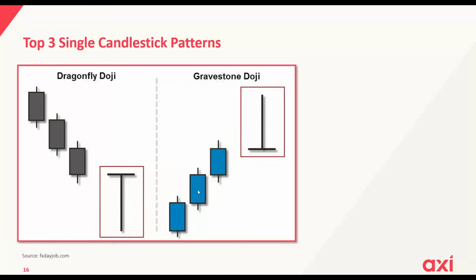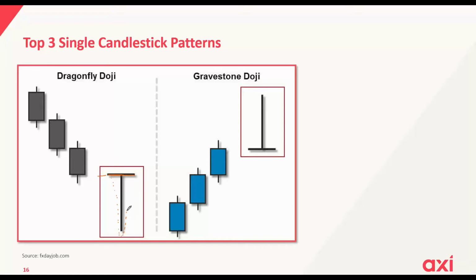And the last one is the Dragonfly Doji and the Gravestone Doji. These are usually characterized by having almost no body, right? There's no body over here, right? So the bulls and bears kind of meet. They had a huge fight. It opened over here, the bears push it all the way down, and they're like, you're gonna win this fight.